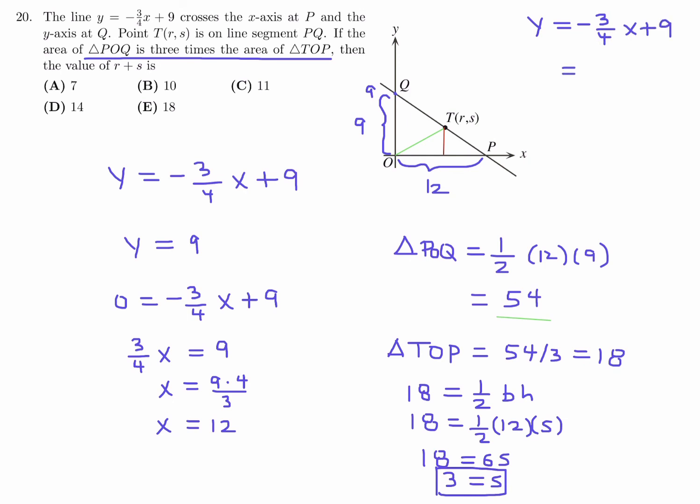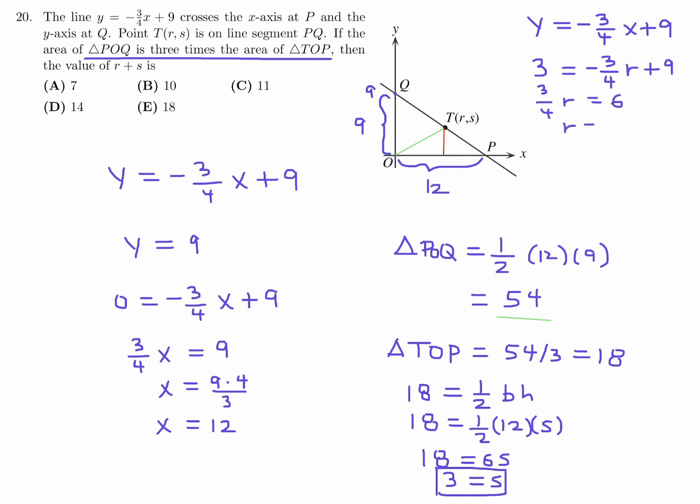We want to figure out R. S we already figured out was 3, so S represents the y coordinate. So put 3 here, correct? -3/4. Our x is actually represented by the letter R, so put that in there. And therefore, solving for this, we get 3/4 R is equal to 9 minus 3, which is 6.